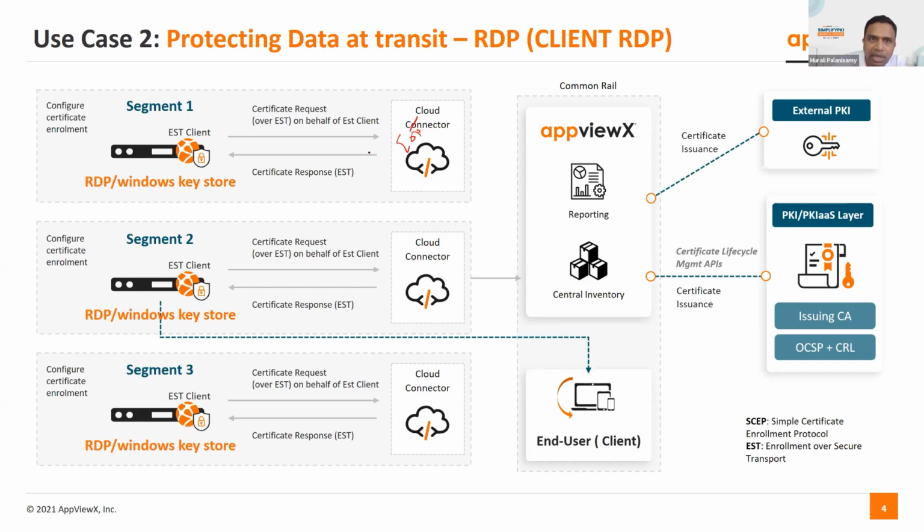And it issues the certificate to all the endpoints that is needed. And all of that gets centrally inventoried, reported, and whatnot. That way, when the end user is connecting, whether it's from a common rail or from a segmented rail, into those Windows stores, the whole process of certificate management is handled and automated.